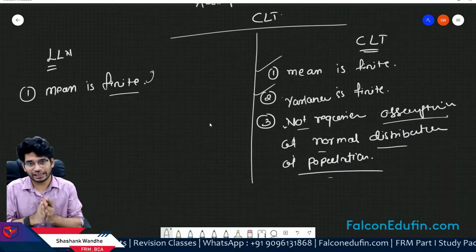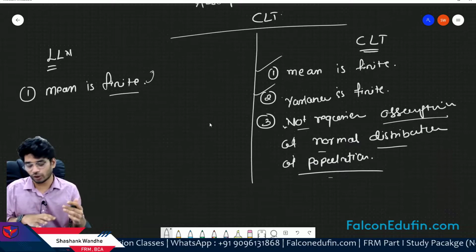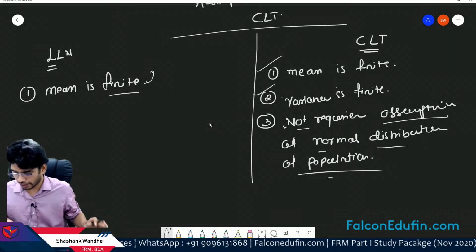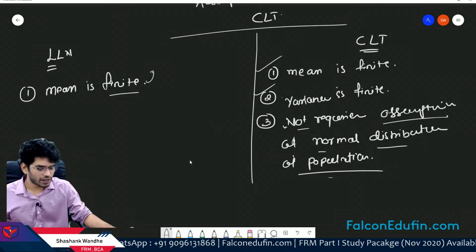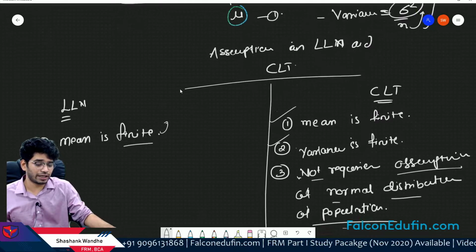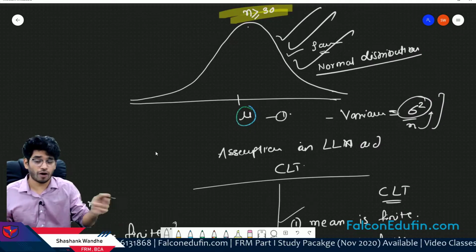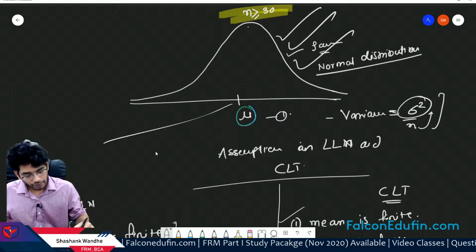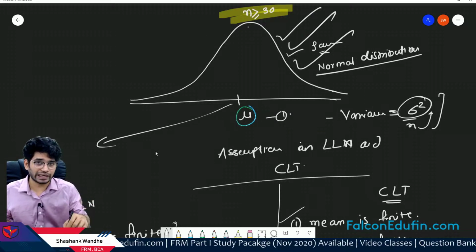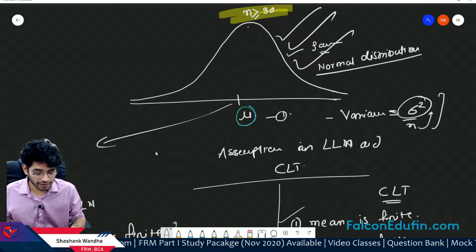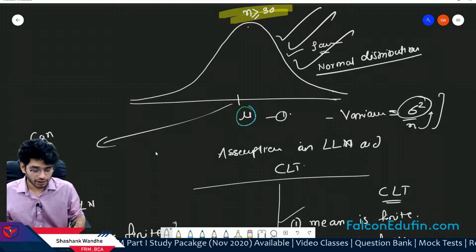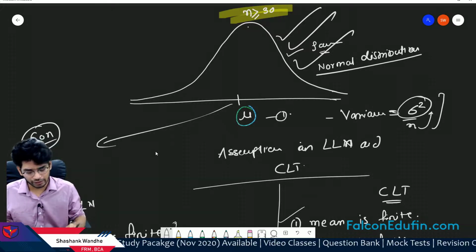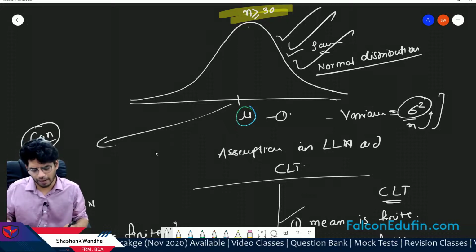This is really critical, what to remember and what not to remember, so please make sure you remember this. And because we know that CLT allows us to build a normal distribution using the population, we get the facility to use the mean in our calculation for building the confidence interval in hypothesis testing. We have already discussed this in the hypothesis testing chapter.